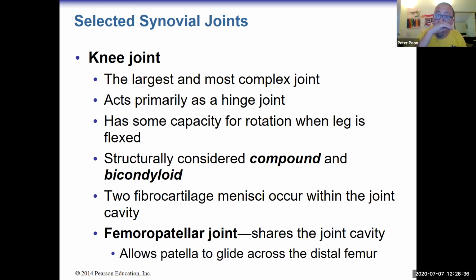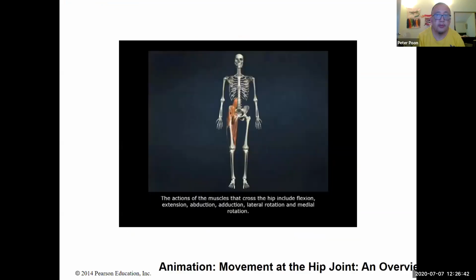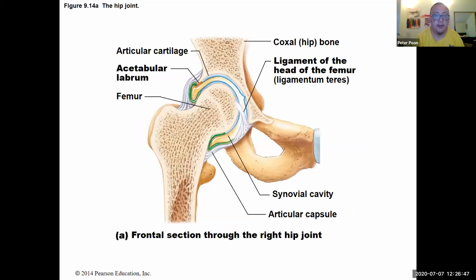The name for the hip is the femoral acetabular joint: femur, acetabulum, femoral acetabular joint.